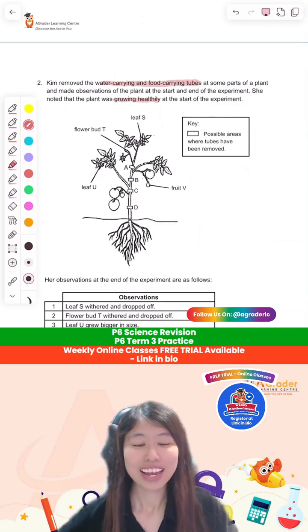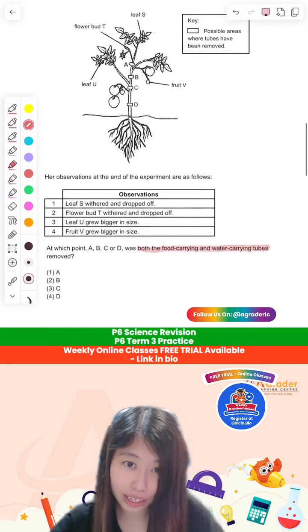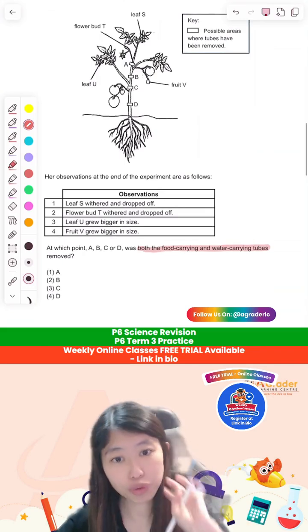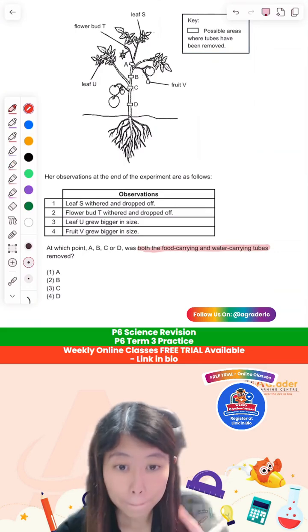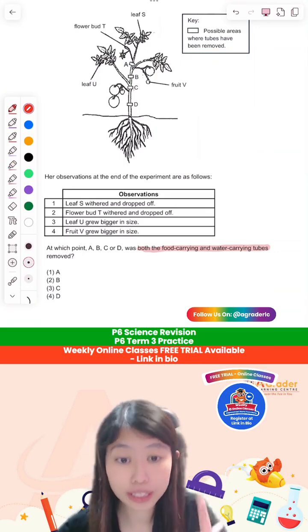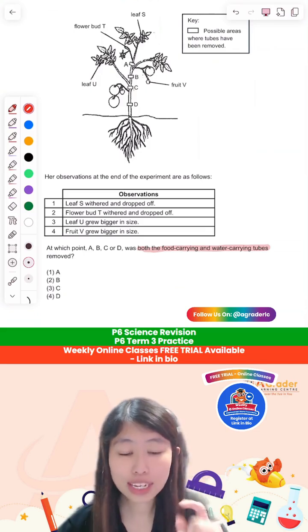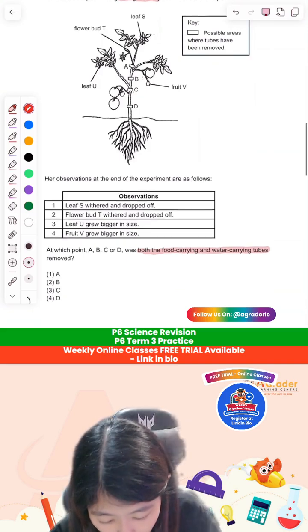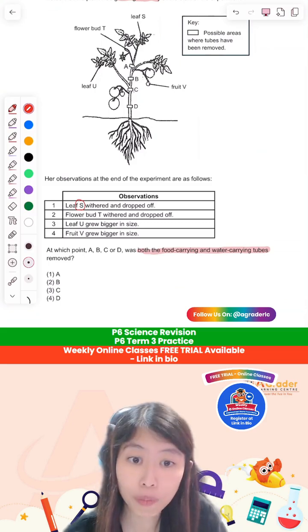Okay, everybody, you need to understand that when both the food and water carrying tubes, which I highlighted, are removed, it can cause the plant to die depending on where the cut is. Let's look at the first step that happens. They say that leaf S is the one that withered and dropped off first.